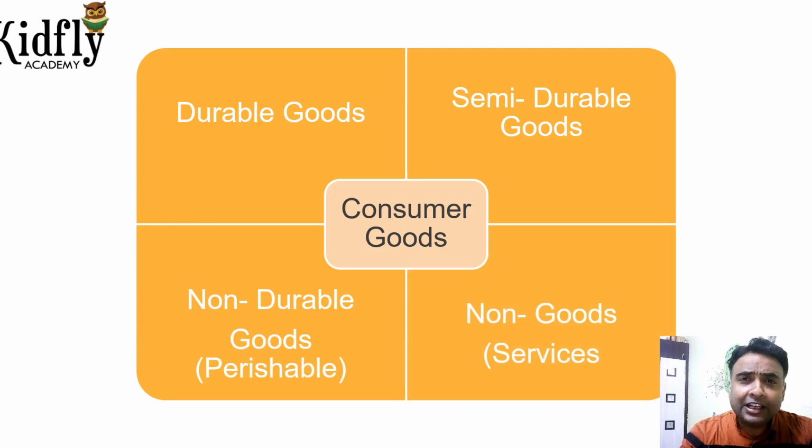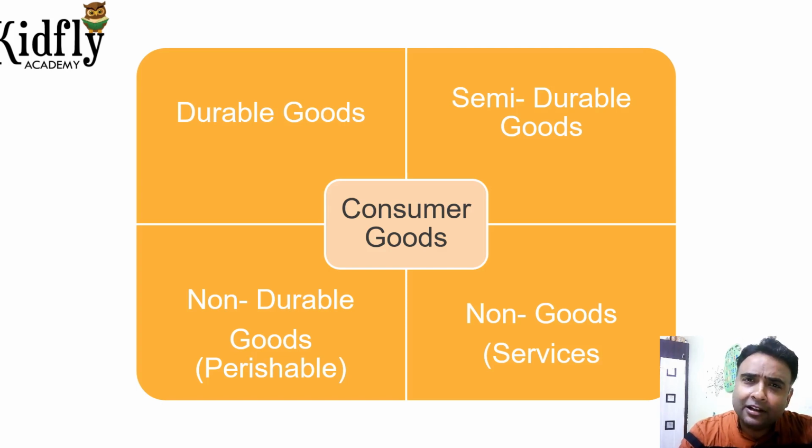If I need to make out the difference between these four, the durable goods have the longer shelf life, and therefore they are a bit costly. We need to put extra money into buying those goods. Semi-durable goods are relatively less costly and have the lesser shelf life.